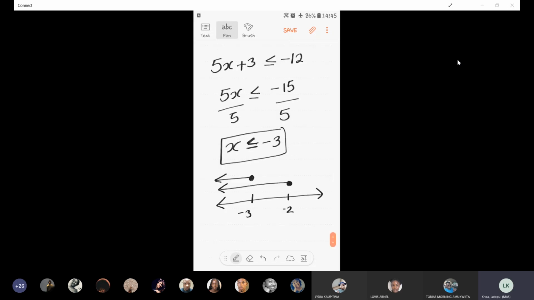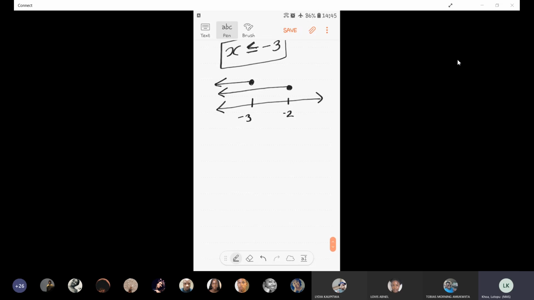Okay, so what I said is with OR, what I'm looking for is when I stand anywhere on the number line and I look up, I must see a line above me. So it doesn't matter if it's 2 lines, as long as I can see a line above me, then that is a solution. Now if I'm standing in this region here, numbers that are greater than negative 2, when I look up, there's no line above me, so that is not a solution.